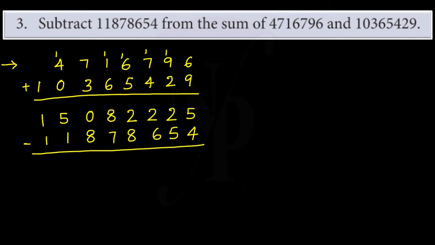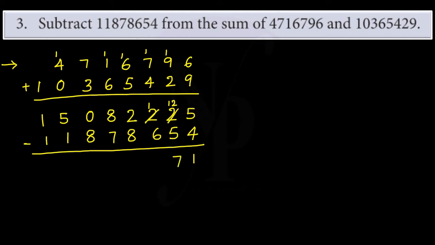So 5 minus 4 is 1. 2 minus 5 is not possible. Regroup, make this 1, and now this becomes 12. Subtract 5 from 12, you get 7.